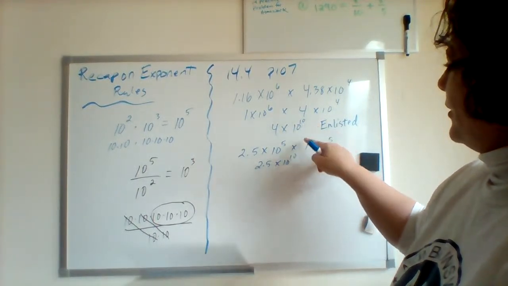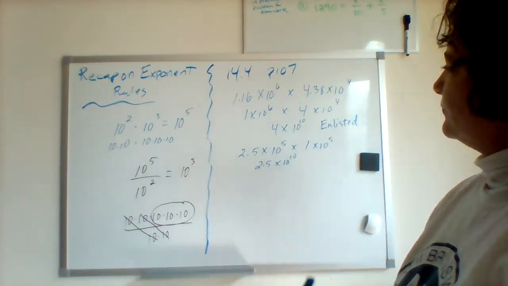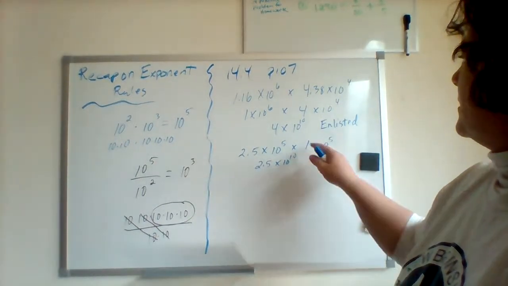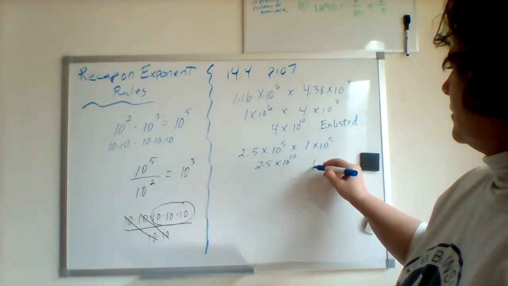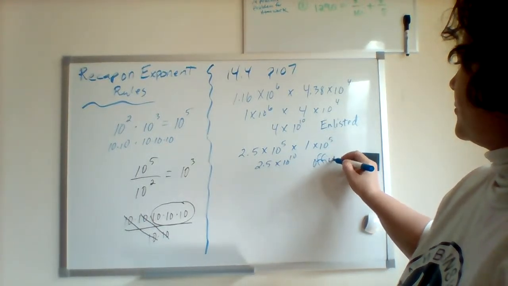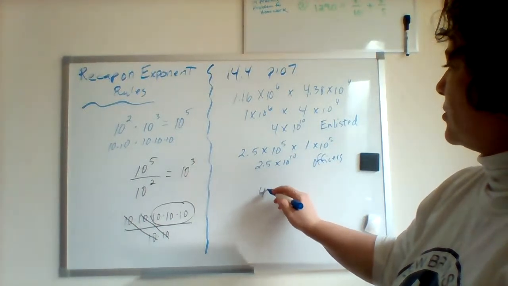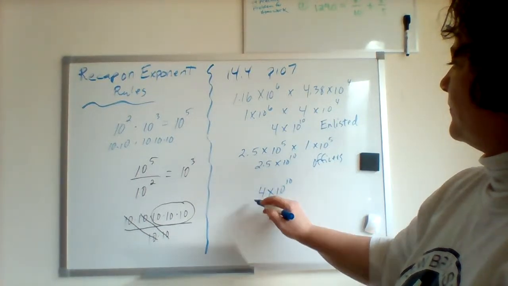Now they're both the same exponent. Talk about convenient, because if you know that this one is more and this is the officers, now we're going to actually answer the question, how many times more?